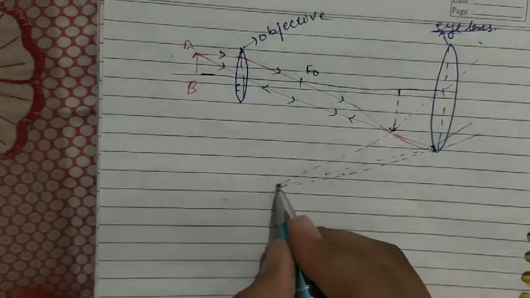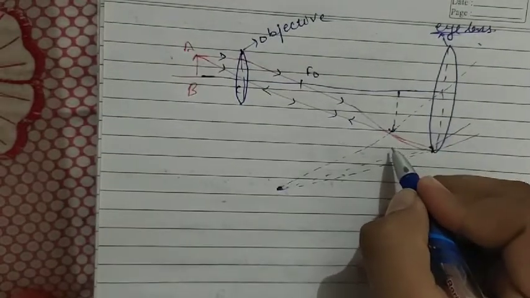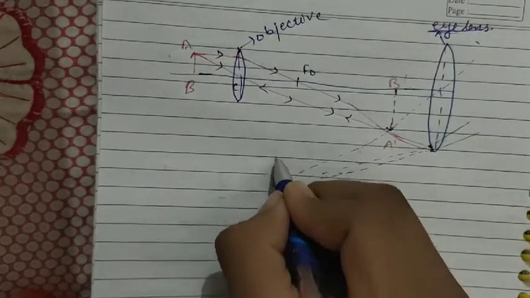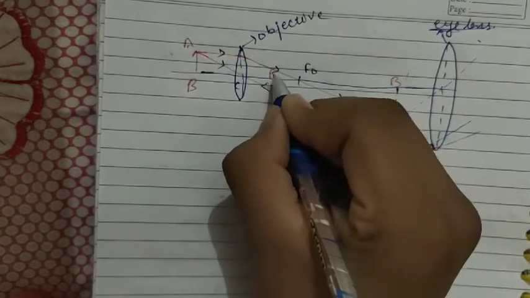Now, where is the final image formed? The first image we name A dash, B dash, and this final image is named A double dash, B double dash. Okay.